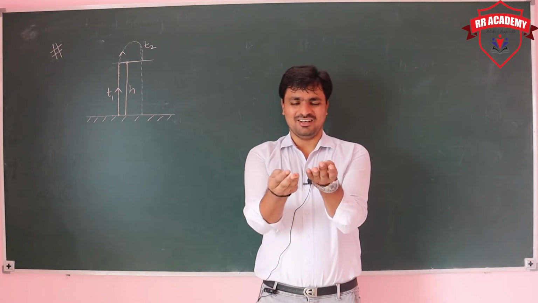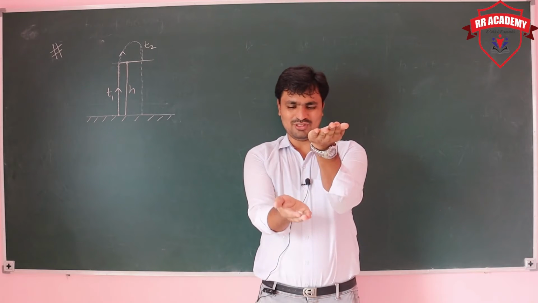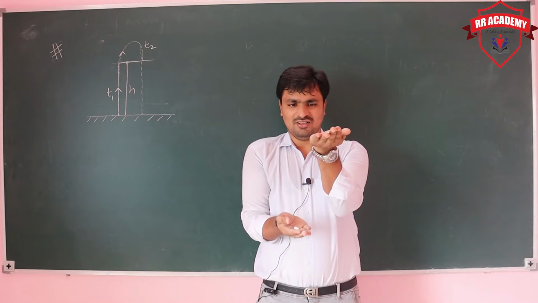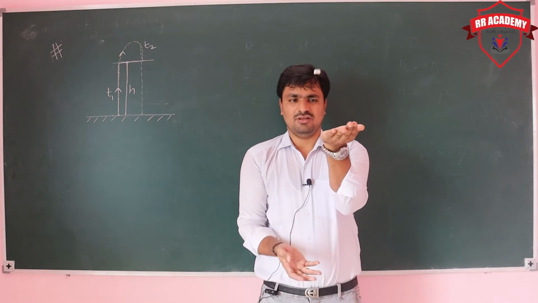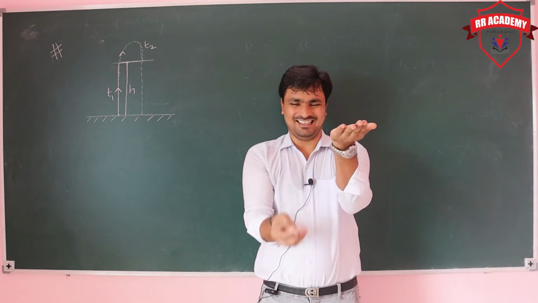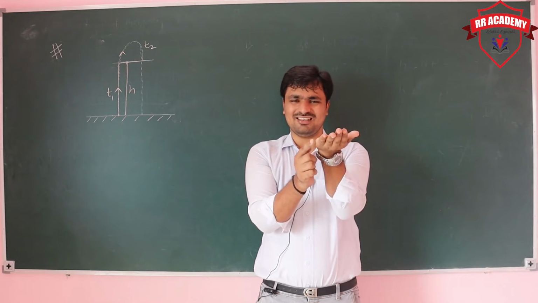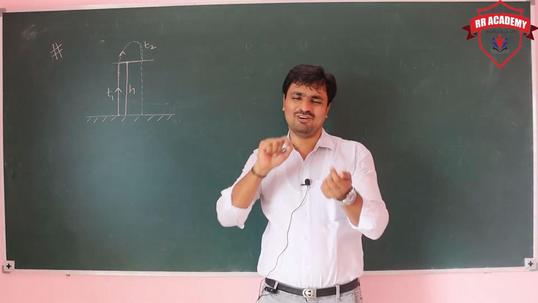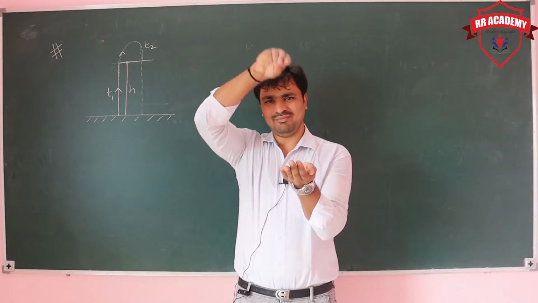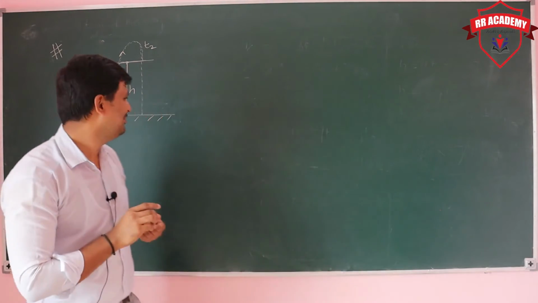So this is the point here. When it is going upward, one time it is crossing, and again when it is coming downwards, one time it is crossing. Upward one time, downward one time.